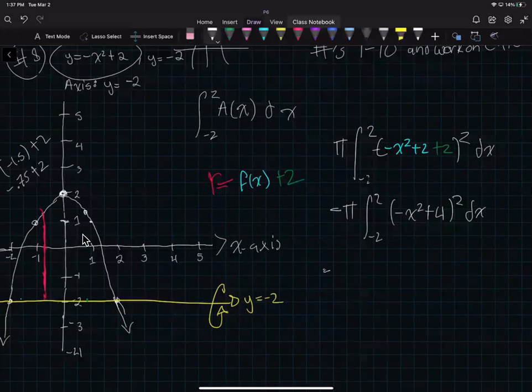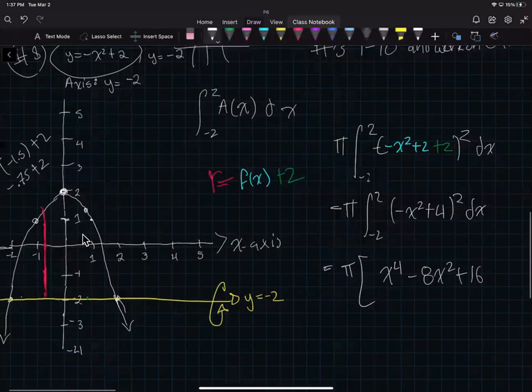Going ahead and simplifying this is going to give you pi. Let's see, what is that going to be? x to the 4th minus 8x squared plus 16, because 4 times 4 is 16.